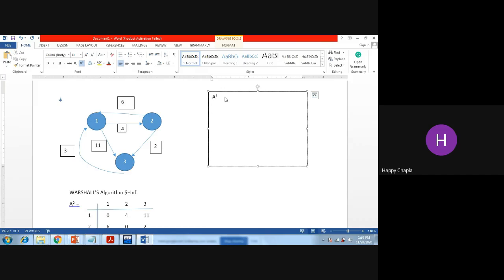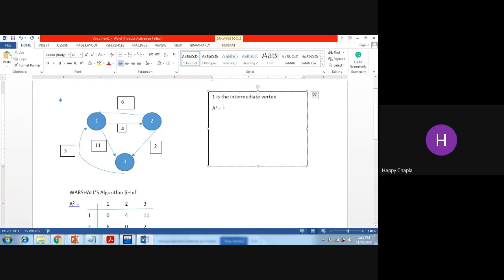Now we are trying to find the matrix of A1. That means 1 is the intermediate vertex.